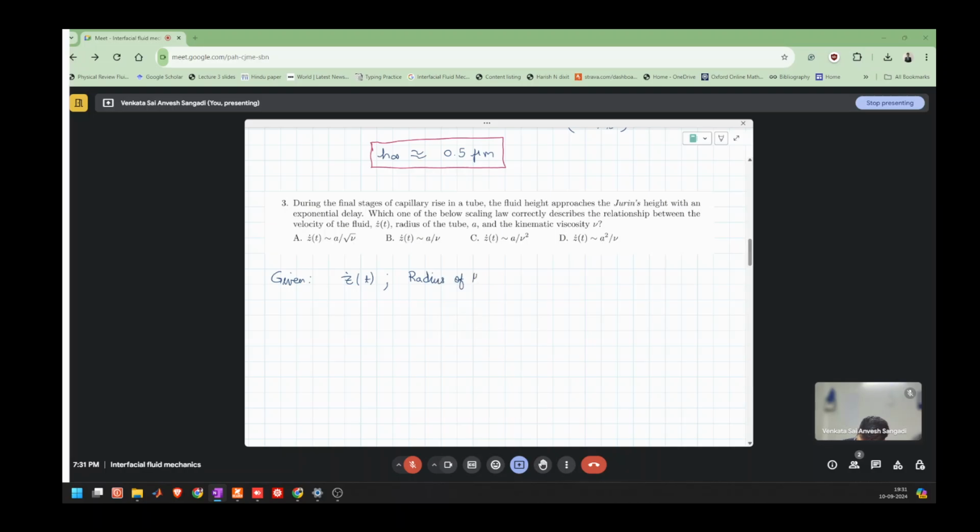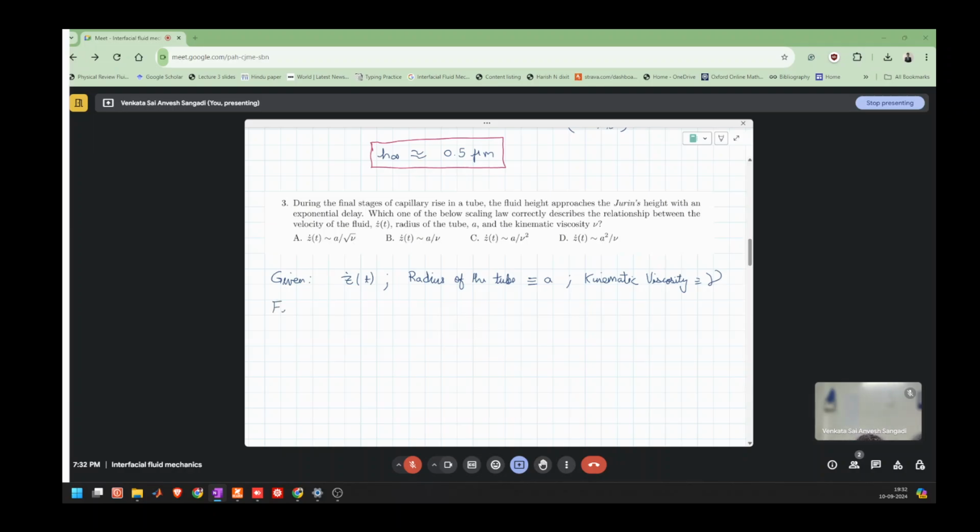we have the radius of the tube, which is A, and we have kinematic viscosity. So we are in the viscous regime, let's say.